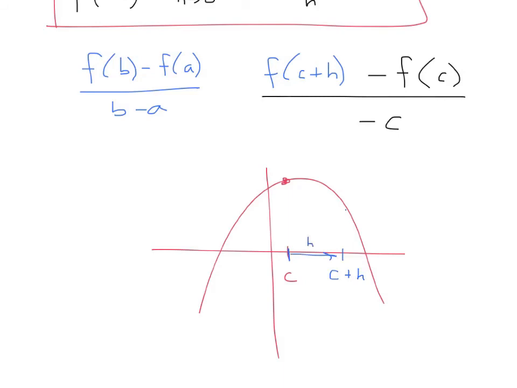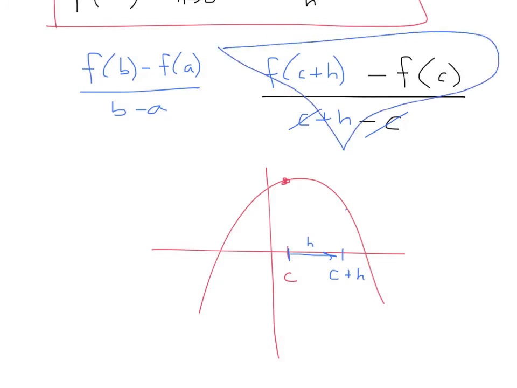What that does is it lets me say I have a point at f of c and a point at f of c plus h, and then in the denominator I just have c plus h minus c. But then the c's cancel out, and what I have left is, I'm going to box this with a triangle, circle, triangle thing, that expression.